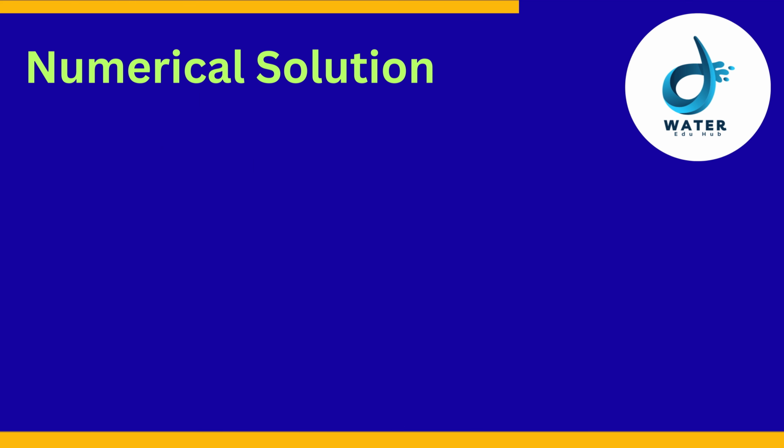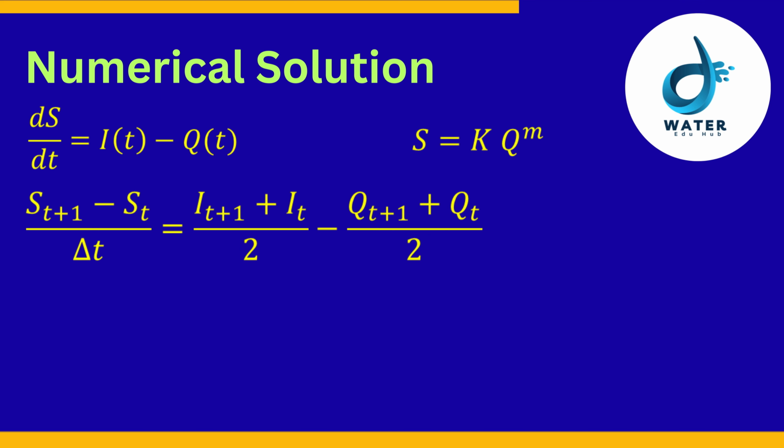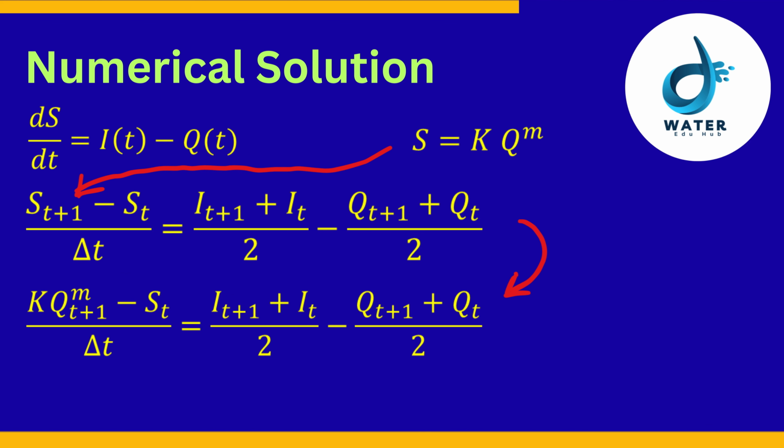Now let's see how RORB solves the routing equation discretely. First, the continuity equation can be approximated in finite difference form as this. Substituting the nonlinear storage function into this equation results in an implicit nonlinear equation for the unknown outflow Q(t+1).